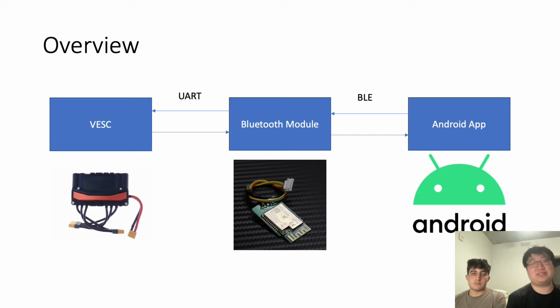The third component is our Android app and phone, which will connect to the Bluetooth module and, through Bluetooth Low Energy, is able to communicate with the Vesc over UART, request the telemetry data, and parse it on the Android app.